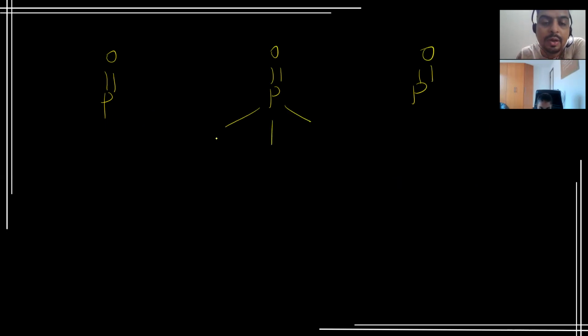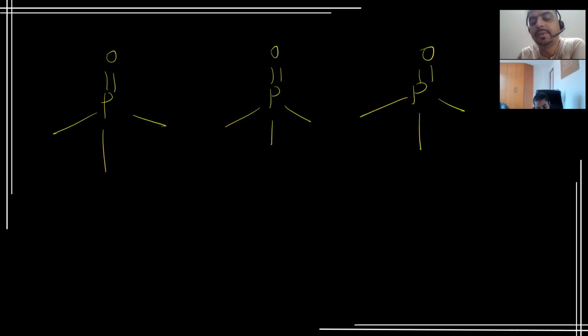Okay, fine. So phosphorus is a pentavalent compound. It can form 5 bonds. Out of that, you can just put a pi bond between the phosphorus and oxygen, because oxygen needs a double bond. And then you have to draw the 5 pentavalency.